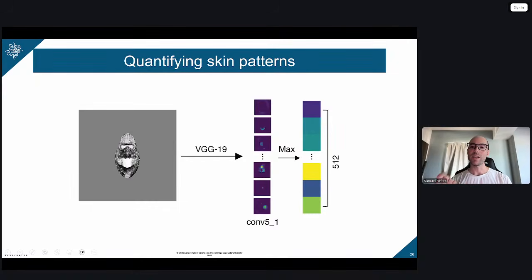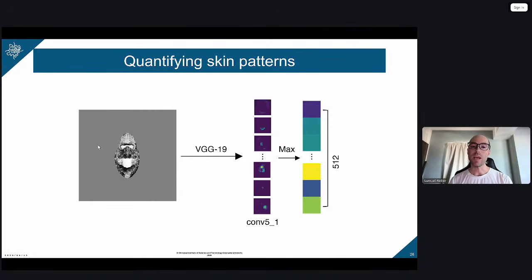So what we settled on was using a neural network. Previous work had shown that the VGG19, which is a deep convolutional neural network pre-trained on lots and lots of images from the ImageNet database, had deep layers that provide a useful parameterization of visual textures in the world.